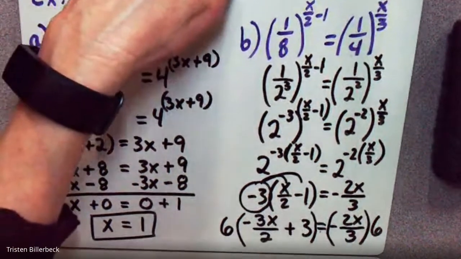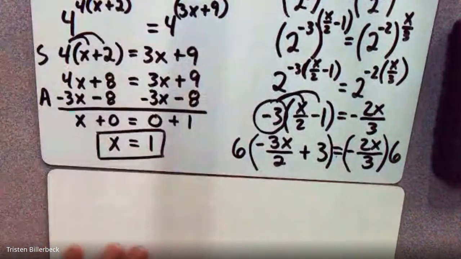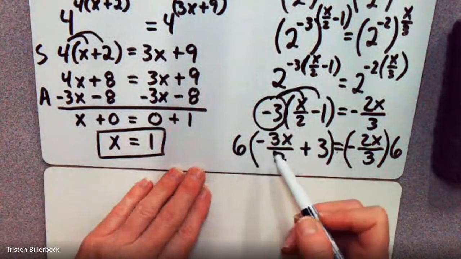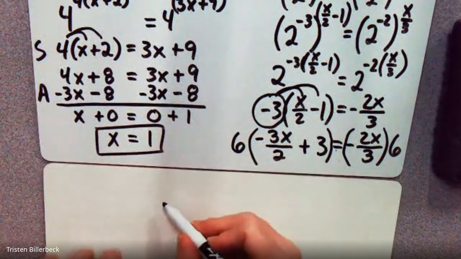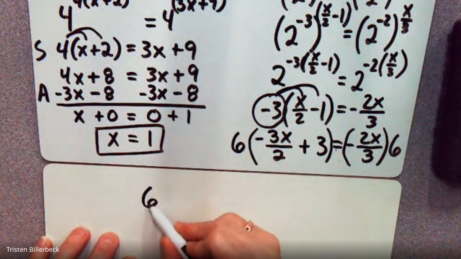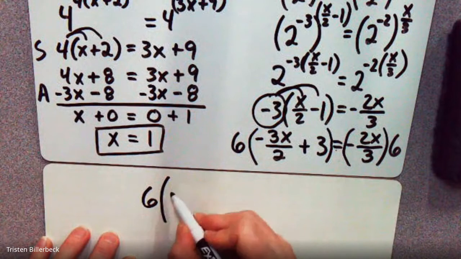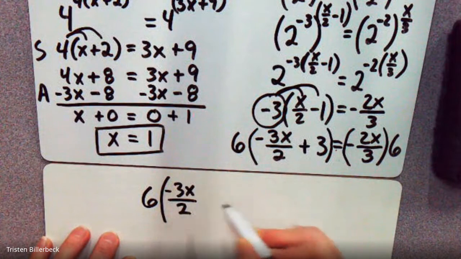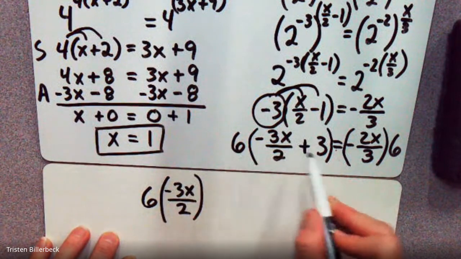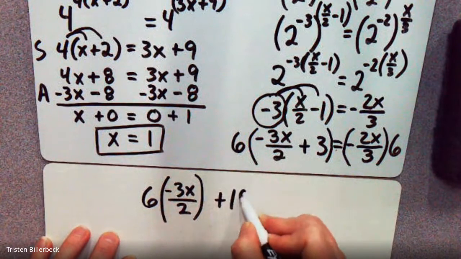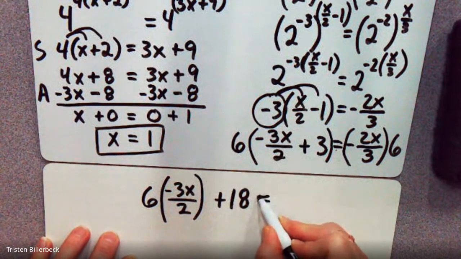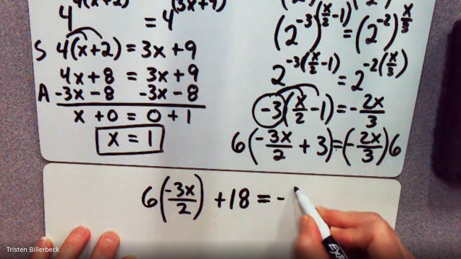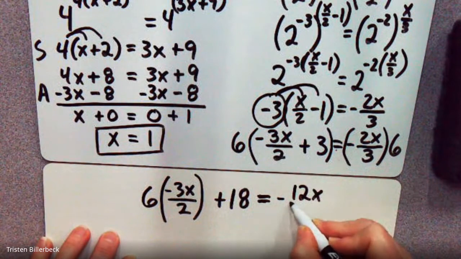All right, so here we go. Mr. Toad's Wild Ride. Okay, so now we're going to distribute this 6 to this term. So we have 6 times negative 3x over 2, and 6 times 3 is 18, equals, and now we're going to multiply the 6 here, so 6 times negative 2 is negative 12x over 3.